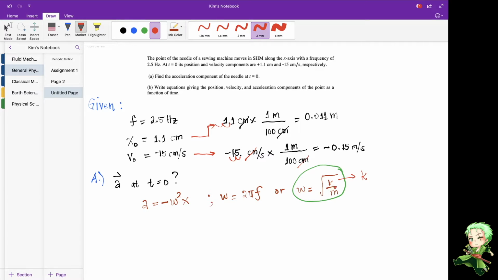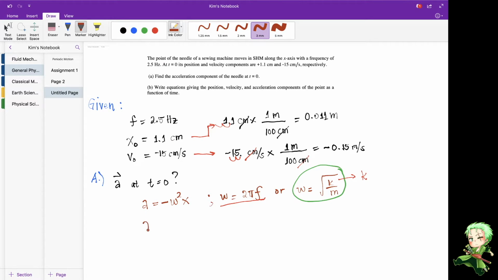Since we are not dealing with springs in this problem, you cannot use this formulation for omega. Instead, you can use this one because this expression doesn't have force constant k.